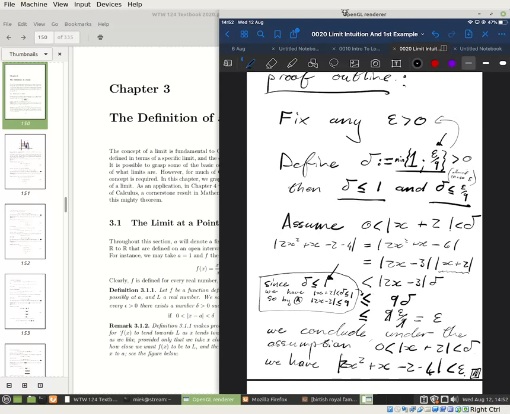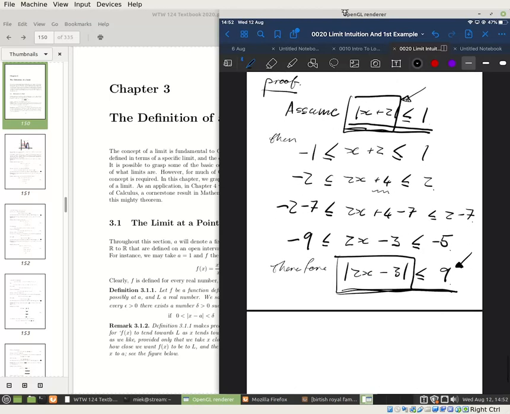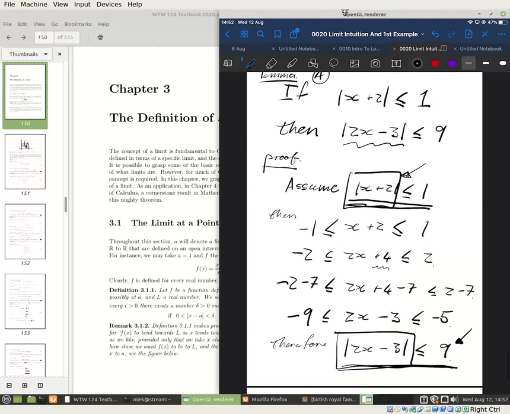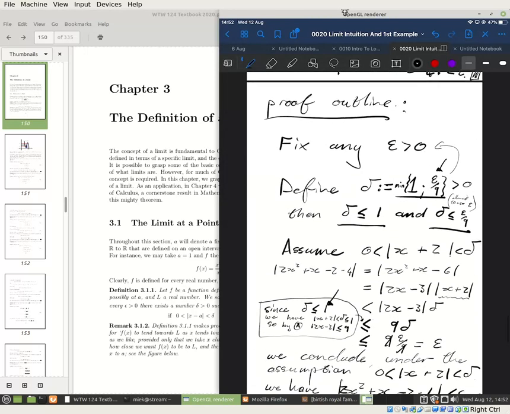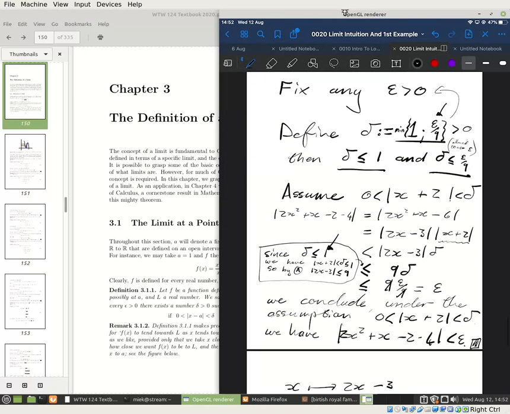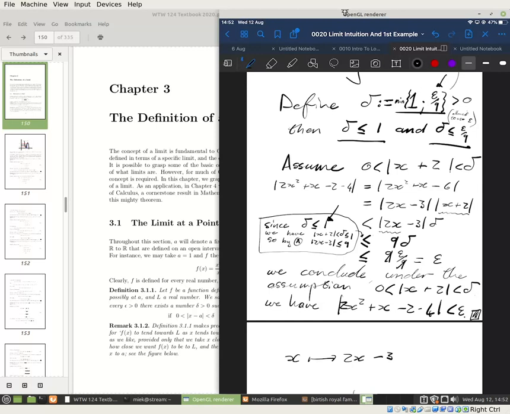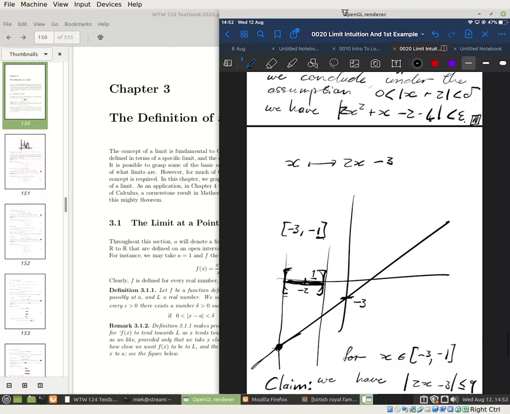Why do we define it to be this way? Why do we have the 1 there? Because we have this non-constant expression here, which we want to bound by a constant.